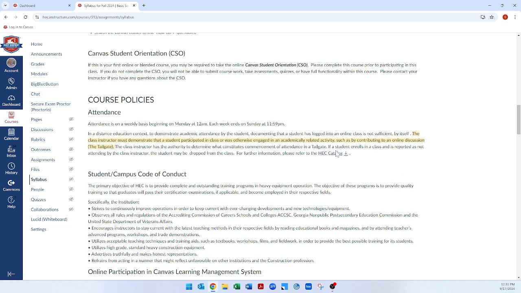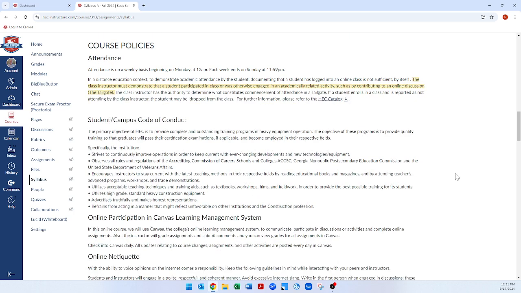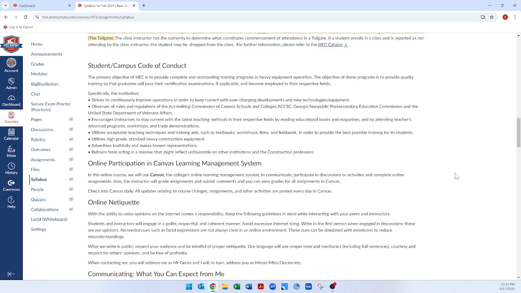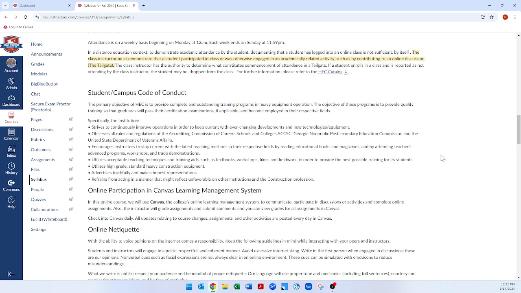Okay, this will take you to the catalog that goes into detail on policies and things like that. Code of conduct. Listen, I'm going to make the assumption that you are an adult and can behave as such. So that's about all we need to say about that.